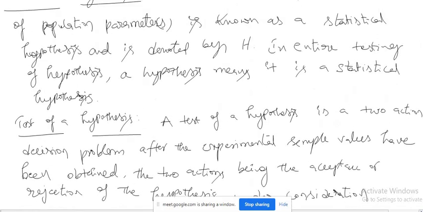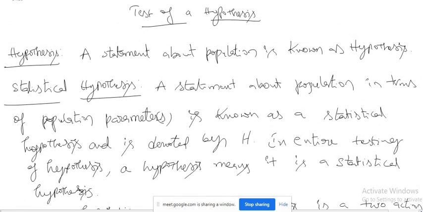Testing of hypothesis. Before that, first of all, what is test of hypothesis? These are the terms we defined today. In the next class we will continue with some more definitions and problems. Okay, here I am going to stop.